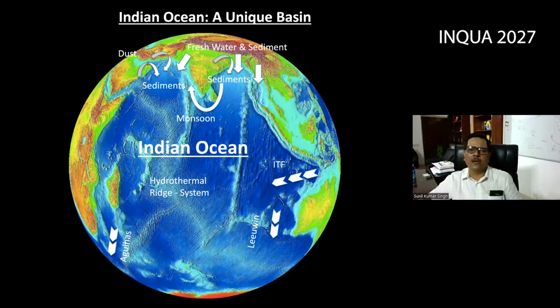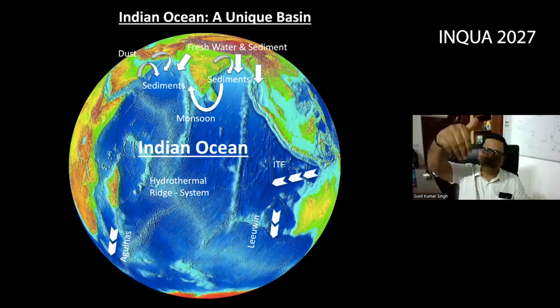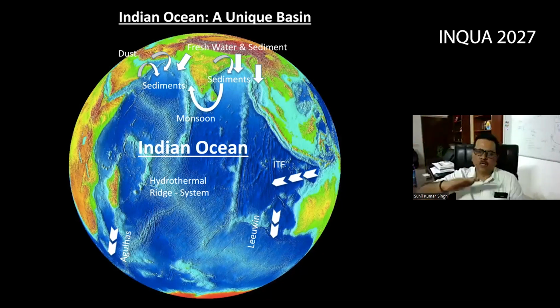Similarly, in the Bay of Bengal, the fresh water supply is significant from the Ganga, Brahmaputra, Irrawaddy, and Salween. Because of that, a fresh water lens is created, low density water on the surface, and hence the mixing is very less. Because of that, the productivity is slightly low, but the oxygen is not getting mixed.